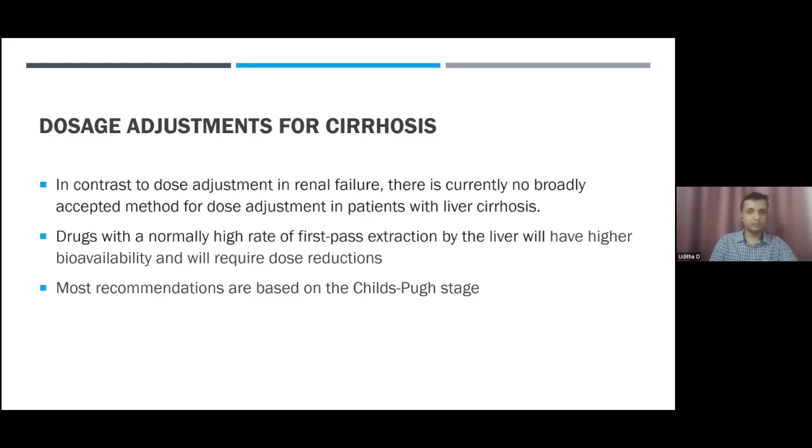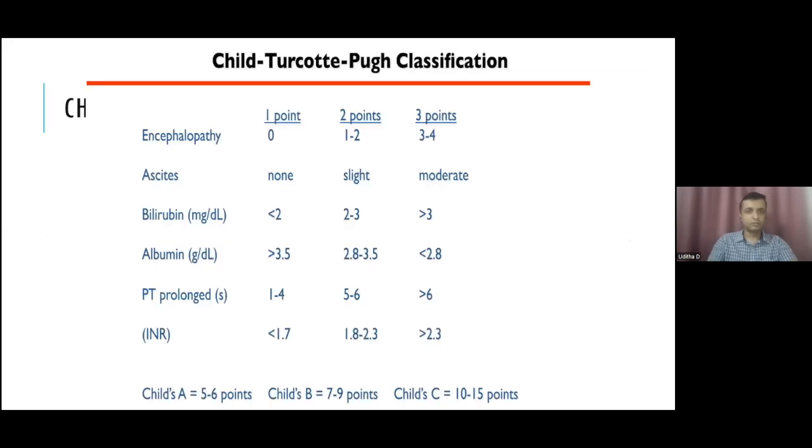It's widely used today. So as most of you already know, this Child-Pugh scoring system has 5 components, 2 clinical components and 3 biochemical components: encephalopathy, ascites, bilirubin levels, albumin levels, and the PT or the INR.